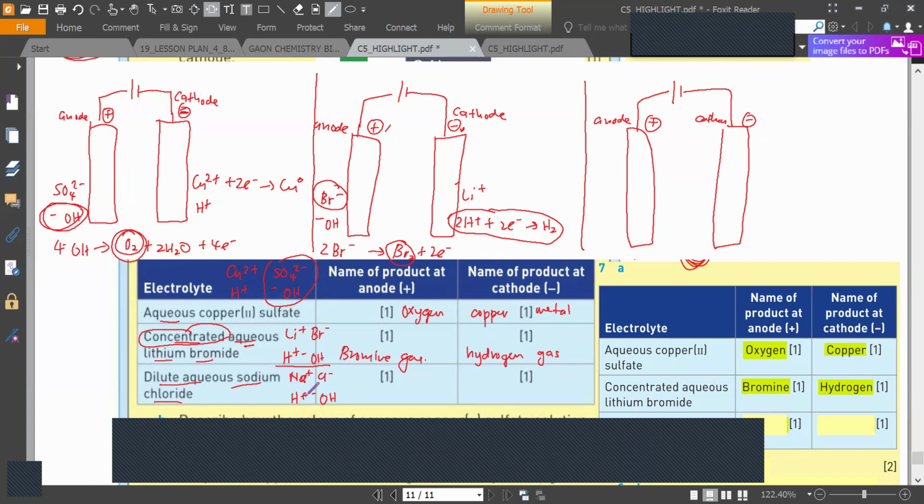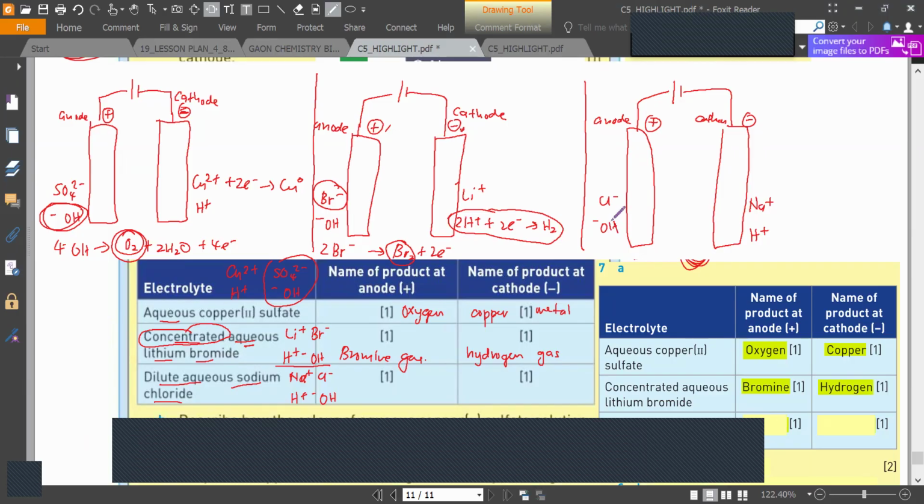Next. So what do we do? The negative will attract the positive: sodium and hydrogen. And then the positive will attract negative: chloride and hydroxide.